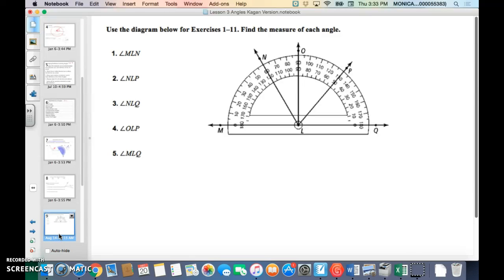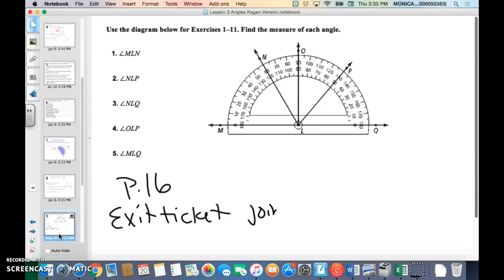Here we go. Page 16. And again, your exit ticket. You can find the code, but it's join.quizzes.com.